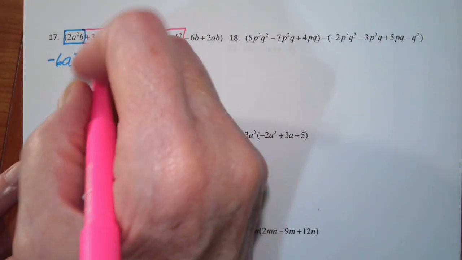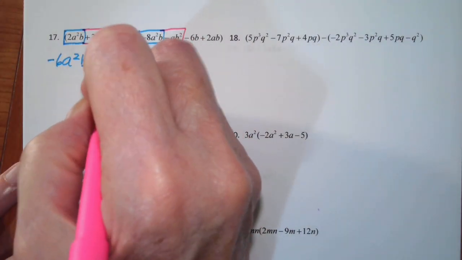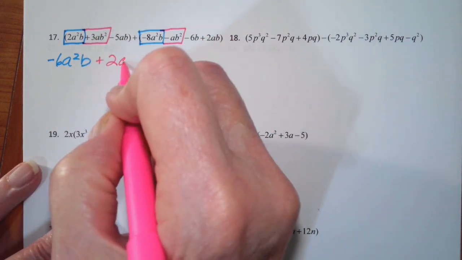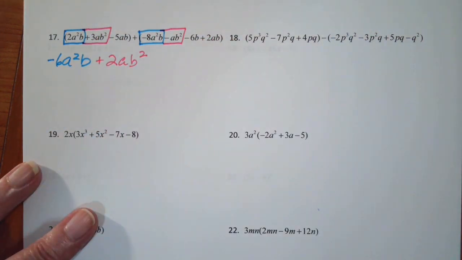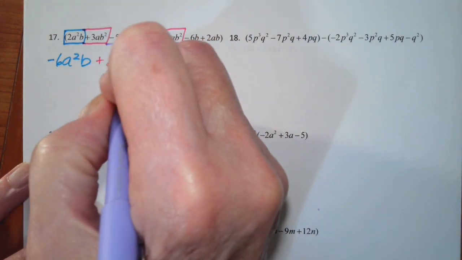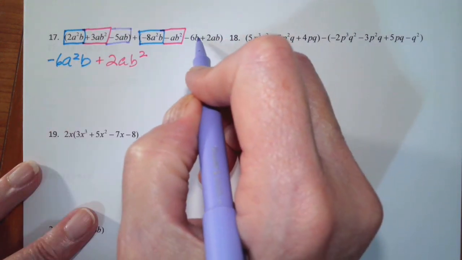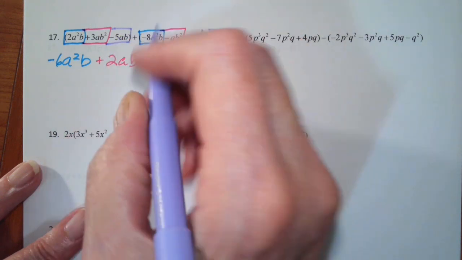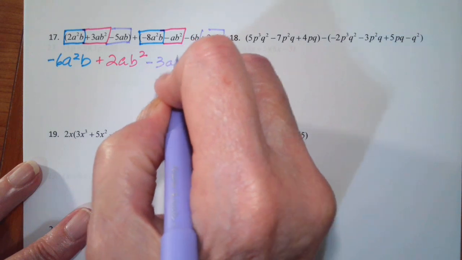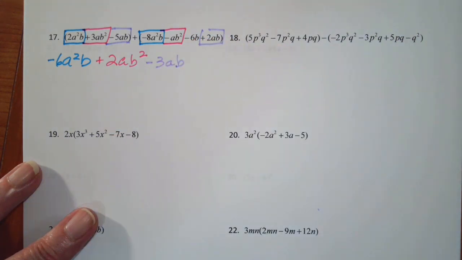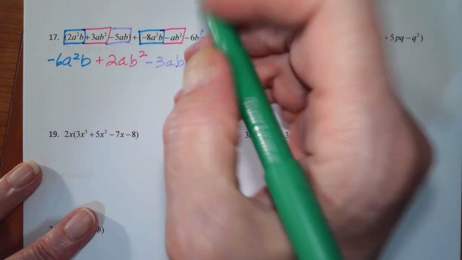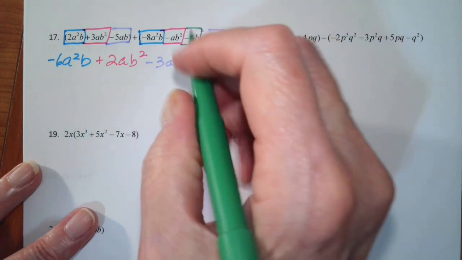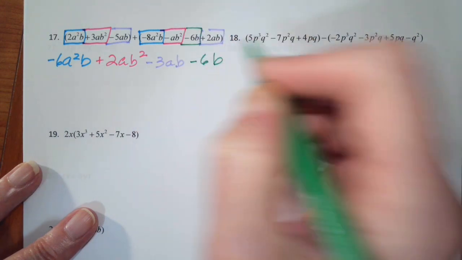So 3 minus 1 gives me 2 ab to the second. I've got an ab and I've got an ab. So negative 5 plus 2 gives me negative 3ab. And then lastly, I have minus 6b.